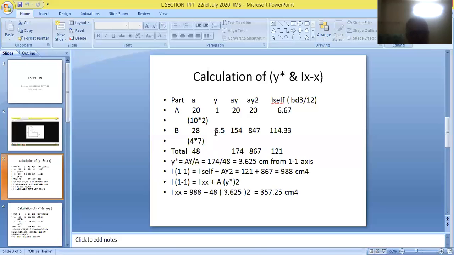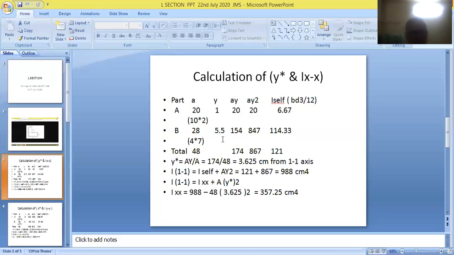Now, for calculating the Y value for the second component, you take the total depth of the first component, as you are moving in the upward direction, and also half of the depth of this second component. So the depth is 7 centimeter, and half of this value is 3.5 centimeter. So 2 plus 3.5 comes to 5.5 centimeters.